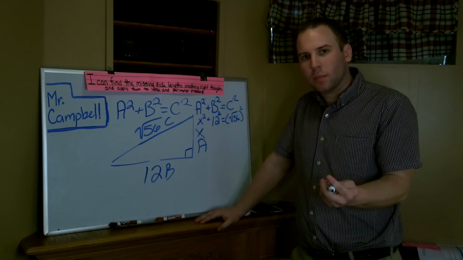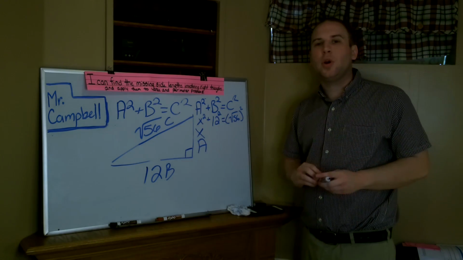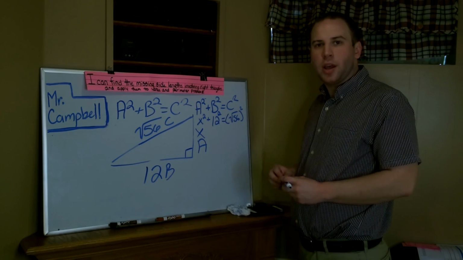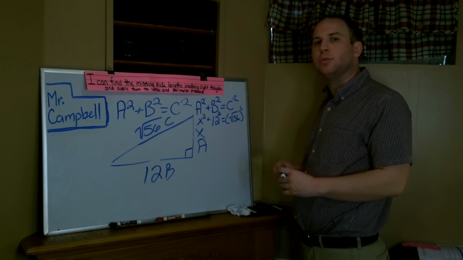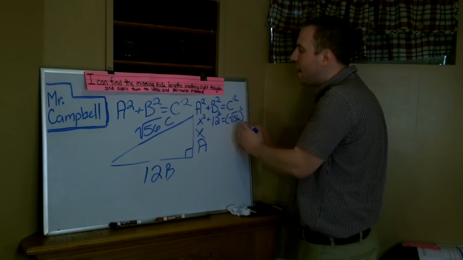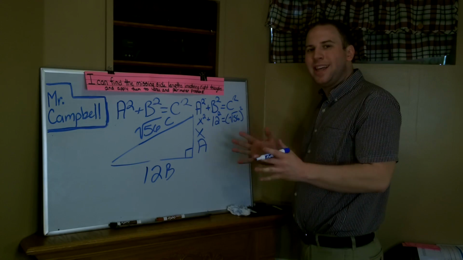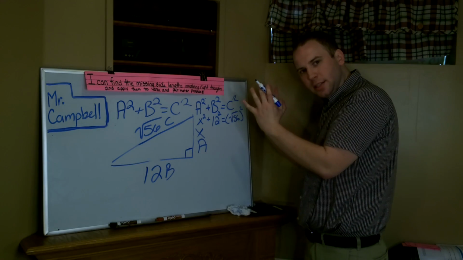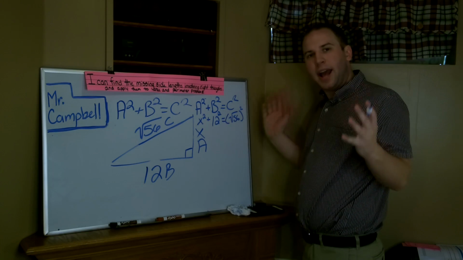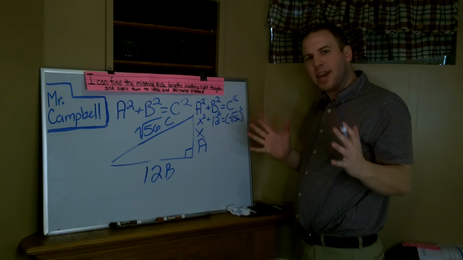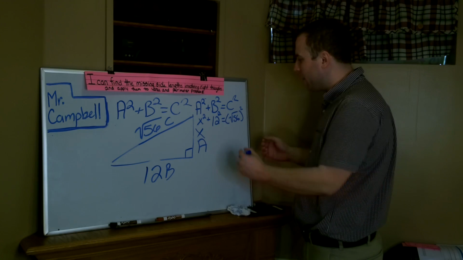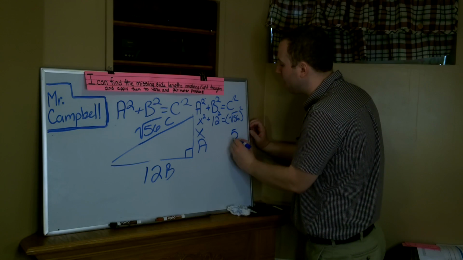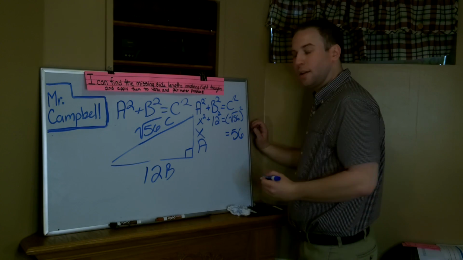When you are plugging in square roots with squared, something happens, and I want you to copy this down in your notes. When we have a squared and a square root together, the square root cancels. Just like we've done before with canceling, this cancels and it becomes a 56.